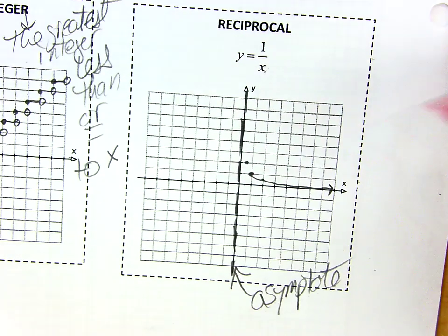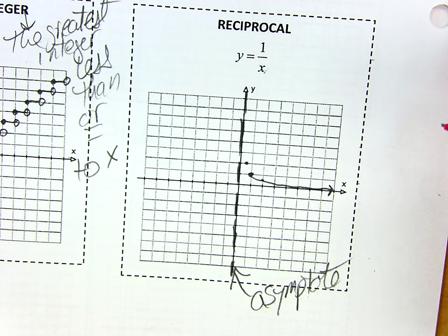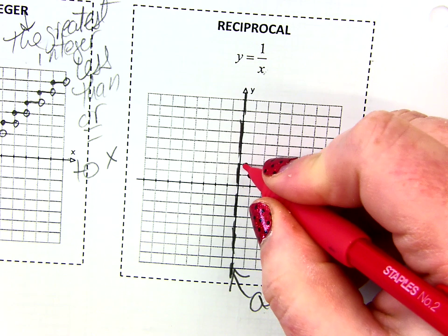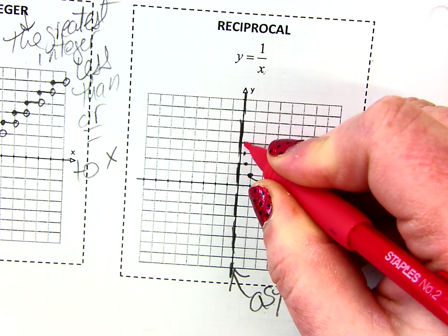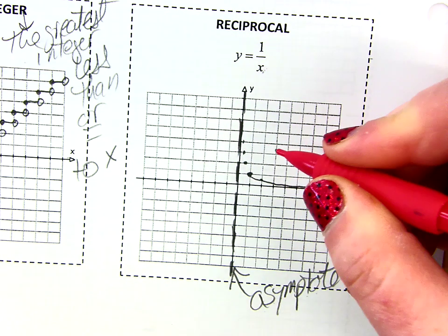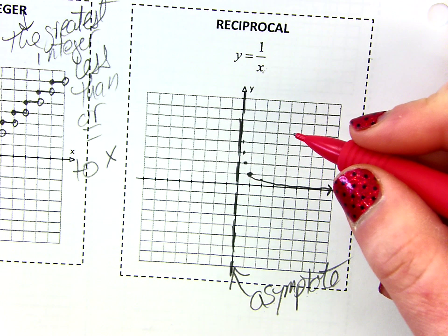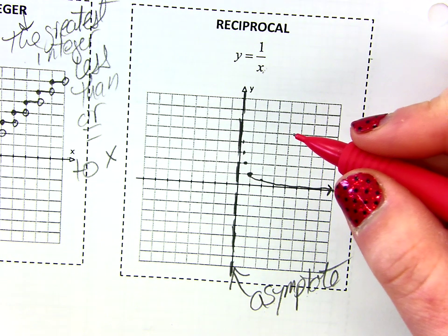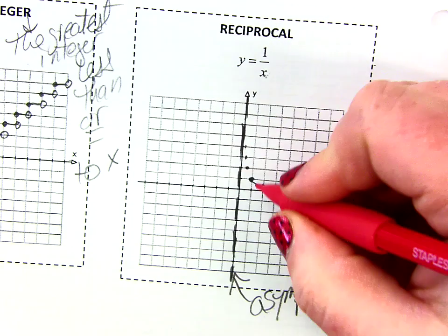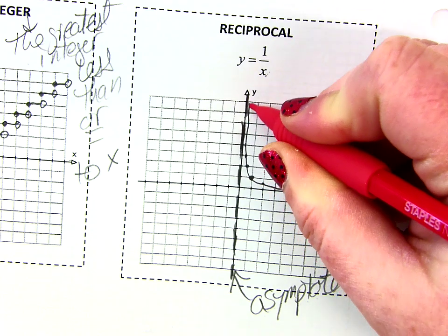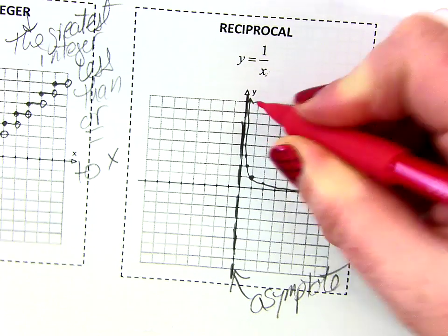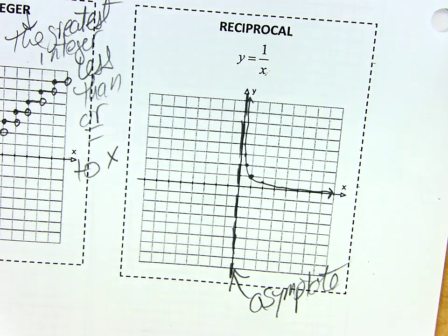Well, that's interesting. What if you had plugged in a third? What would you get out? 3. Oh my gosh. A fourth, I would have gotten 4. What if I plugged in, I don't know, 1/10? I would have gotten out 10. So what's going to happen right here is that this thing is going to get infinitely close to that asymptote, but it'll never actually get there.